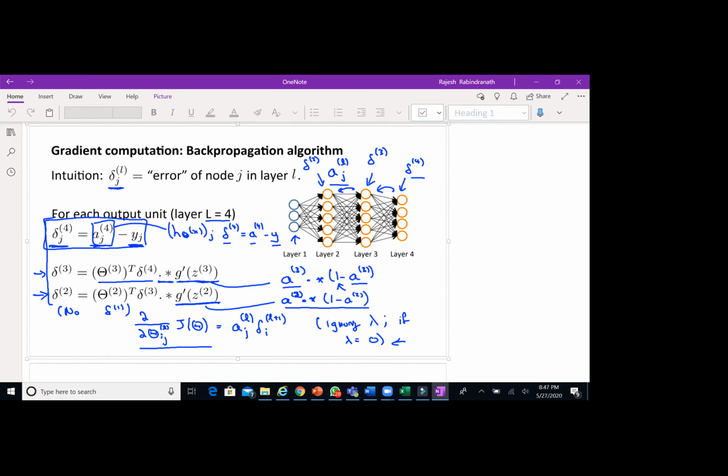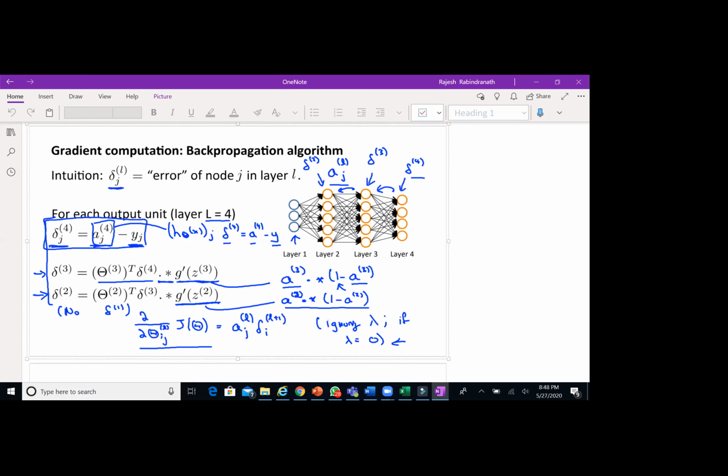And z3 is derived from the previous layer, because the previous layer's parameters multiplied by the activation of the previous layer, a2 times theta 2, is what is z3. And theta 3 transpose delta 4 gives you how the parameters on layer 3 are impacting, since it is multiplied by the error calculated in layer 4.